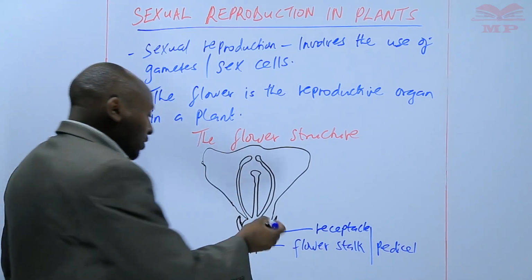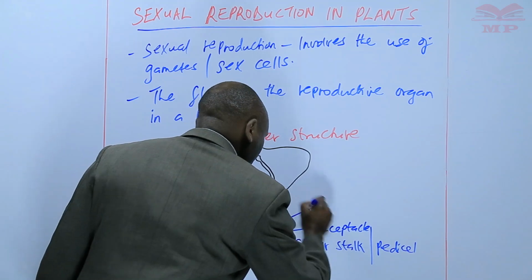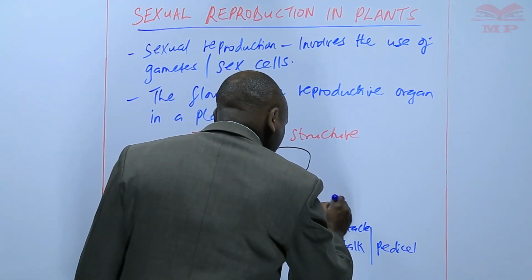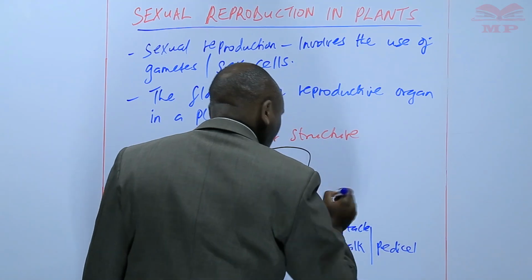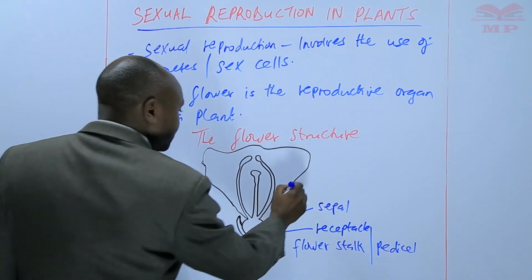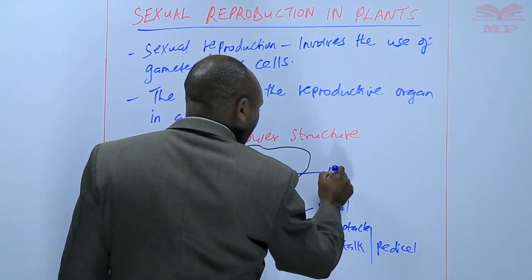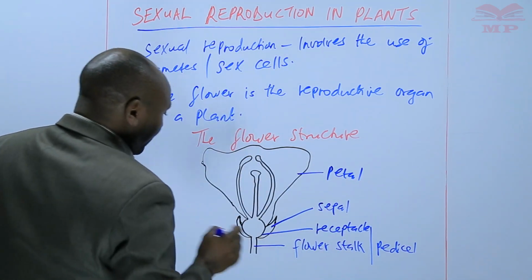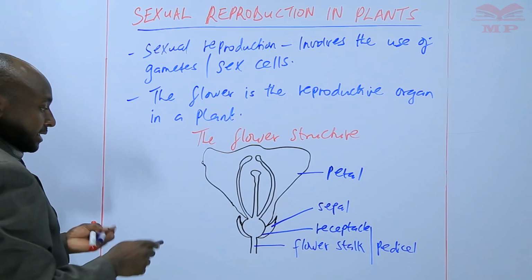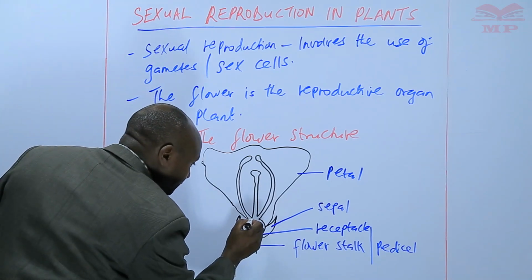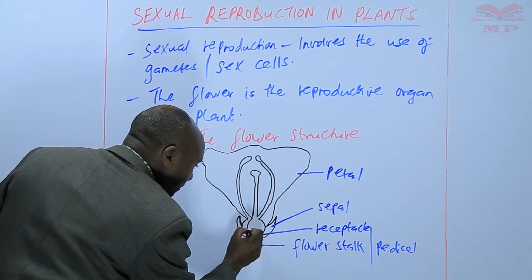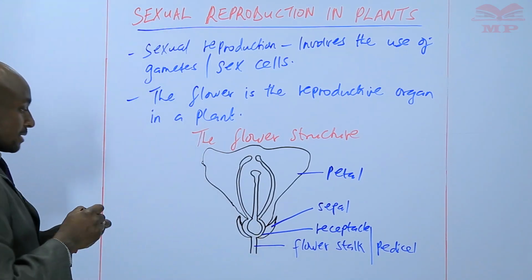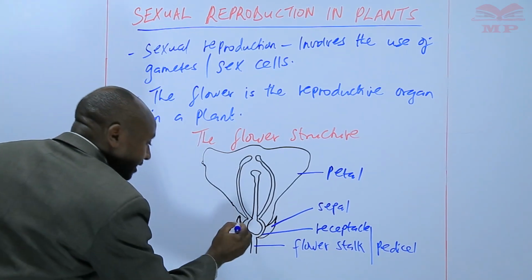For example, we have that part. We refer to it as the sepal. We have this part, the petal. Then, inside the receptacle, we have the ovary.